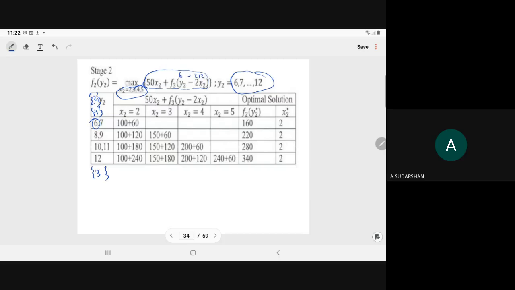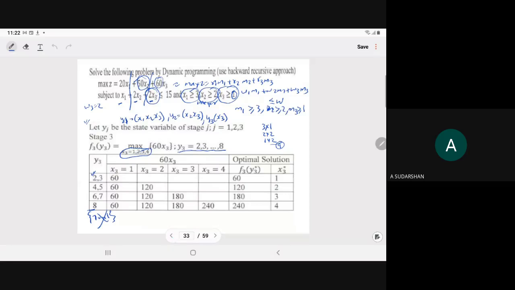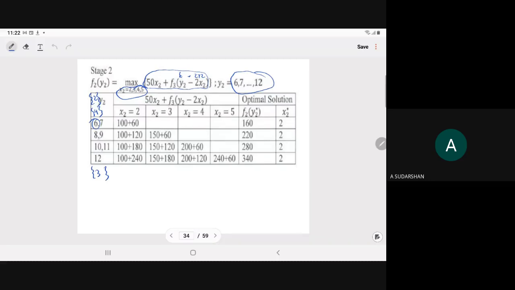So 6 minus 4, so f3 of 2. f3 of 2 is given to you as 60. So 50 into 2 plus f3 of 2, that is 60. So it will become 100 plus 60. Similarly, when we have the space of 7, then also we have 100 plus 60.